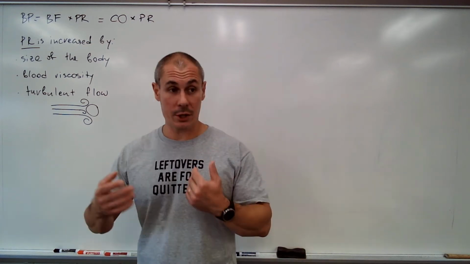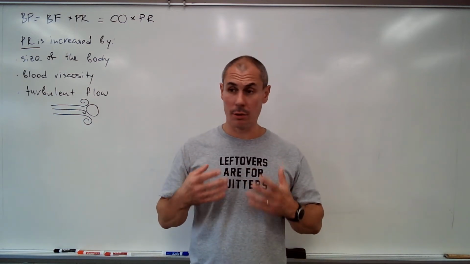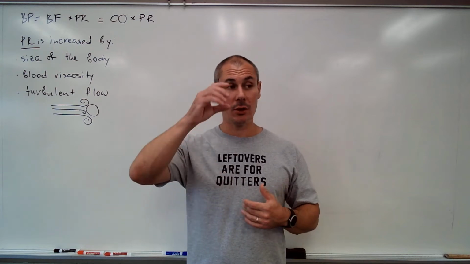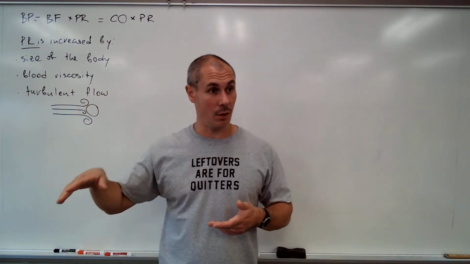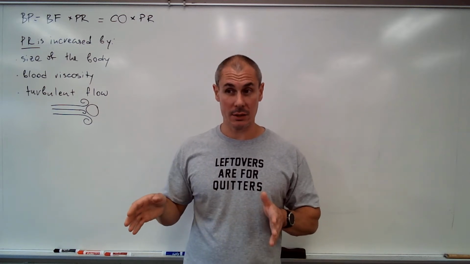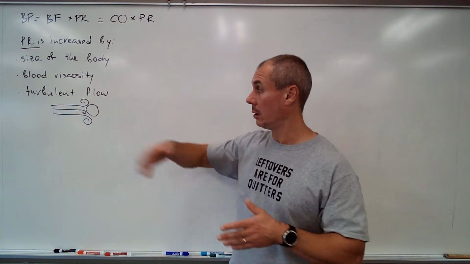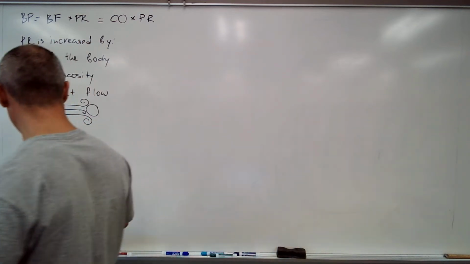But partial obstruction of a blood vessel with an atherosclerotic plaque not only changes the diameter, it also changes the dynamics of flow, the hydrodynamics. Does that make sense? So flow becomes more turbulent. You make rapids over there.